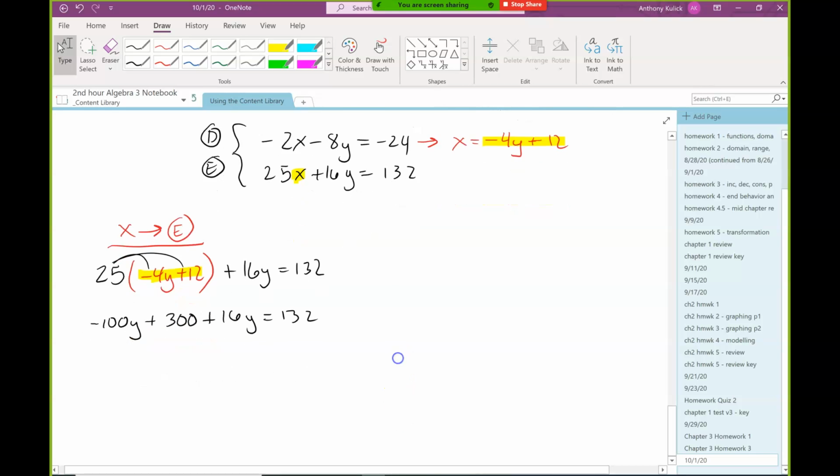If I combine the -100y with the +16y, that gives me -84y. And if I subtract 300 from both sides, 132 minus 300 is -168.